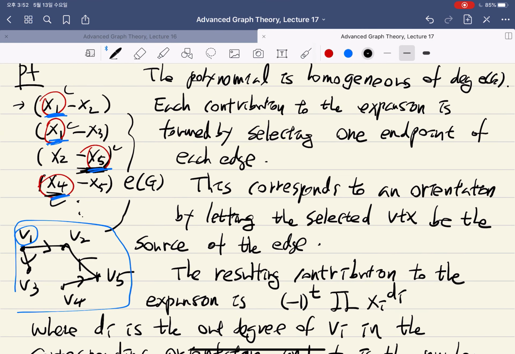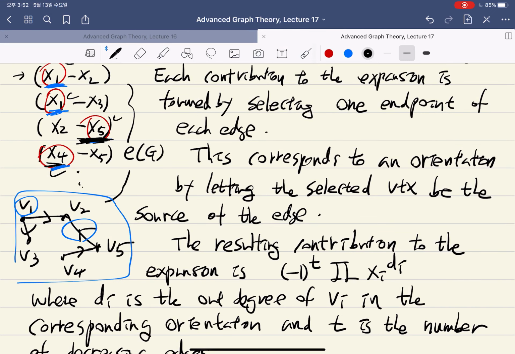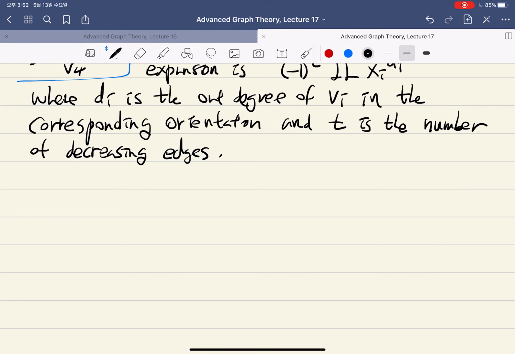So t is the number of choices where you choose the negative term, which corresponds to the decreasing edges.